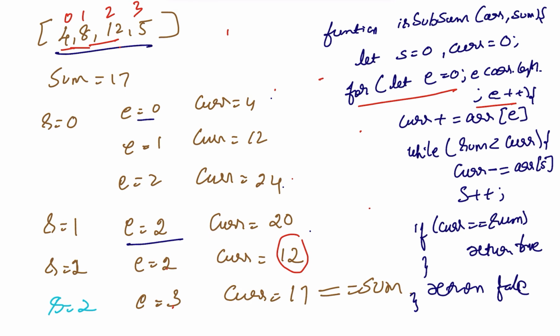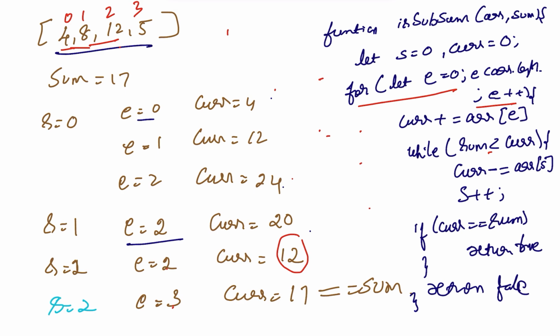The e value is 1. At that time the current value is 4 plus 8, which equals 12. 12 is not greater than sum and 12 is not equivalent to 17. Again it will go to the next one.